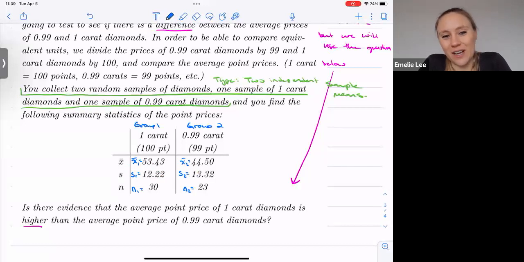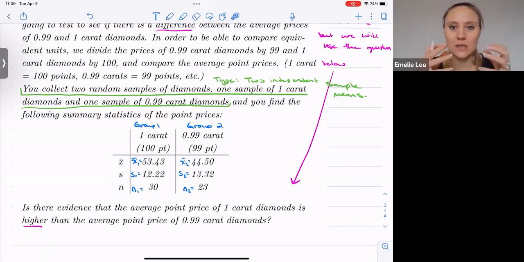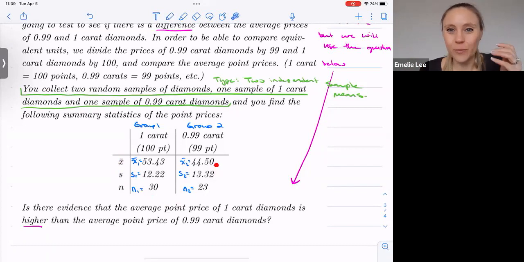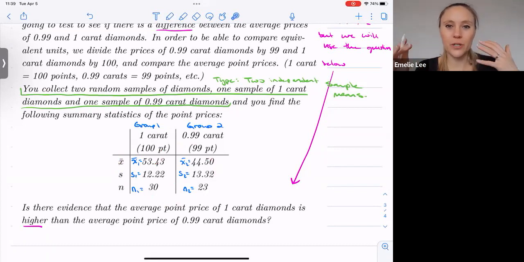A lot of the time, 2 independent sample means questions are the easiest to pick out when you're finding your question type, because the information is summarized in a table like this, or the blurb has to say, okay, you collect a sample of 30 1 carat diamonds and you found the mean point price to be 53.43 with a standard deviation of 12.22.